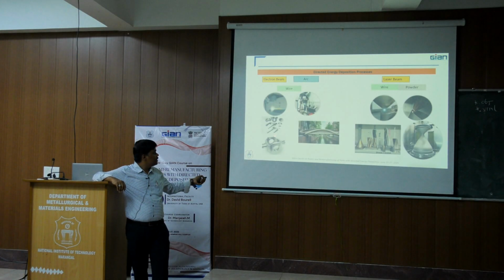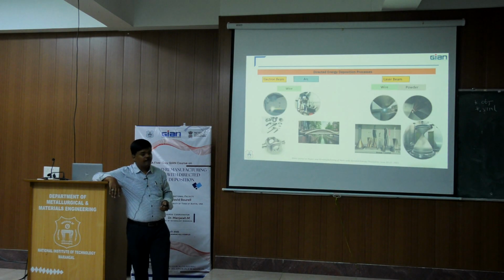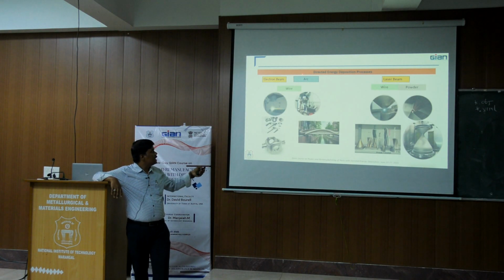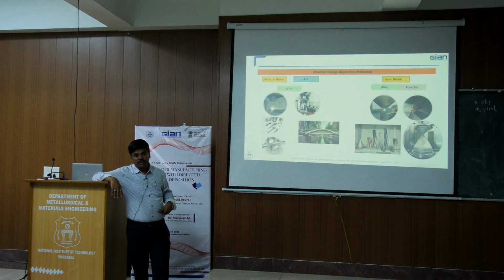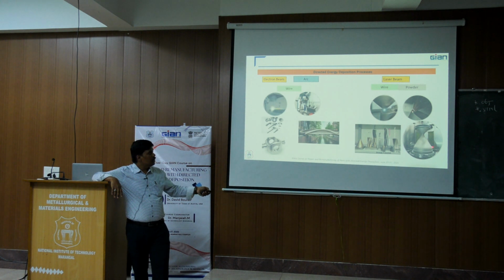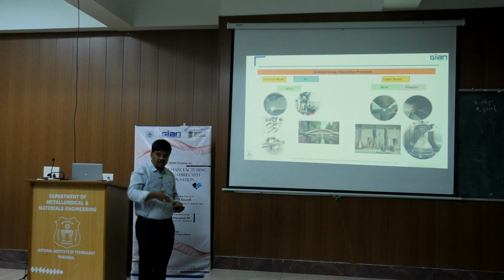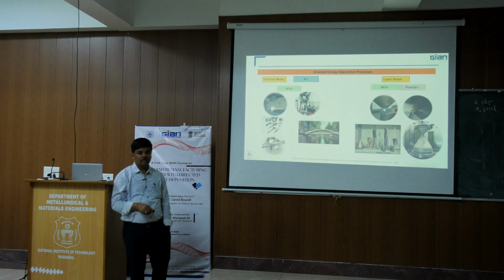Such components we can majorly use for medical applications. And if you want to see the arc based, wire arc based, you can use it for commercial applications. And if you want to make parts with the laser wire or the powder DED process, these kinds of parts can be used for repairing or maybe near net shape components also.